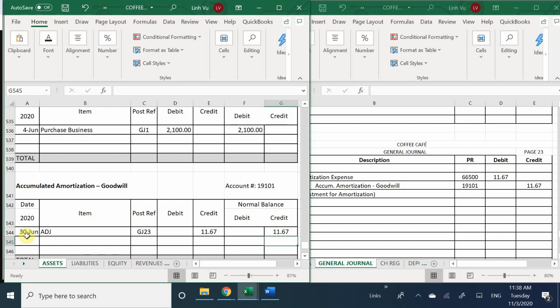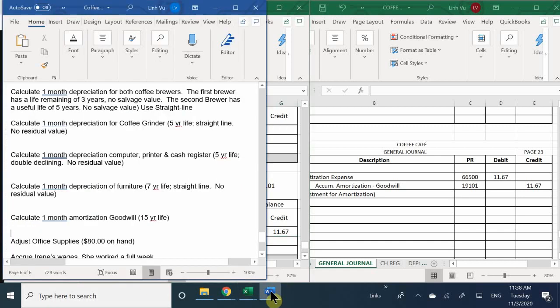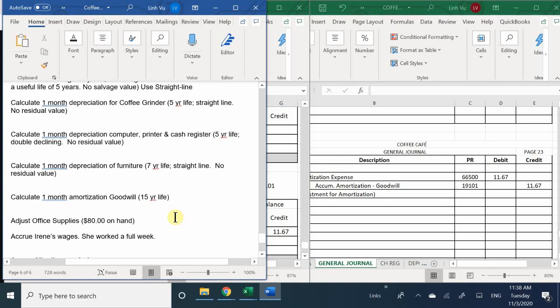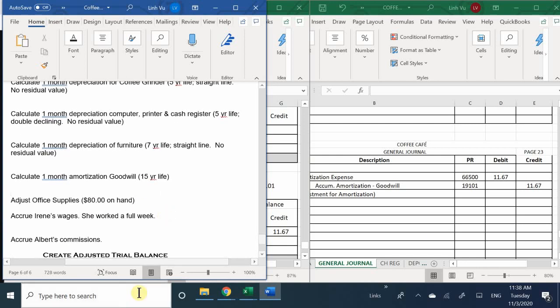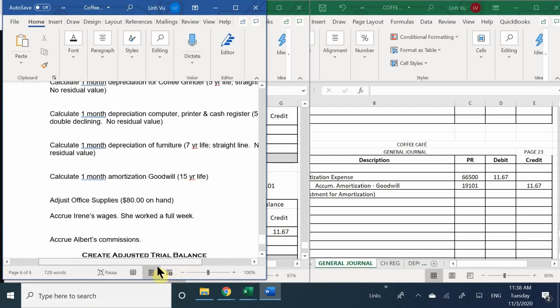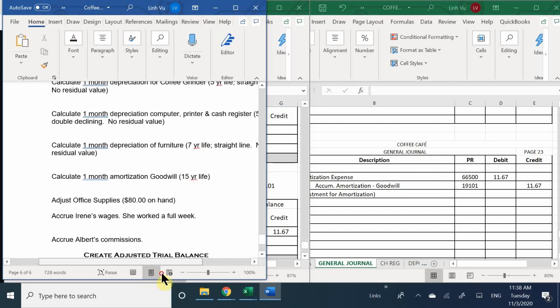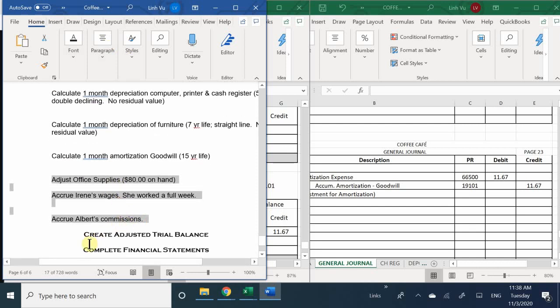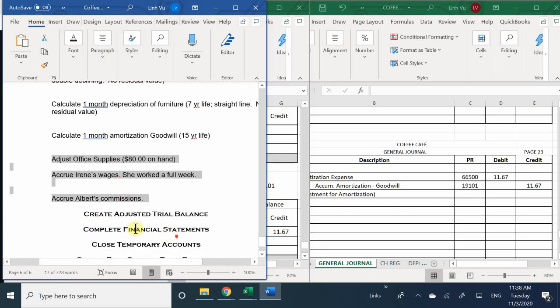So right now it is exactly 11:40. We will stop here for our adjustments. So when we come back, all we've got to do is accrue for Irene and also do the office supplies. So we've got to do these here, and then we'll finish off by creating our adjusted trial balance and also doing our financial statements.